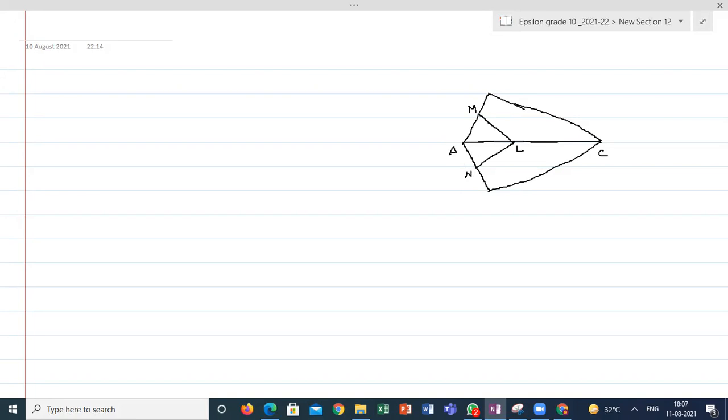Are you clear with the diagram? Triangle ABC, triangle ADC, MLN. Is it clear? The question is, in the adjoining figure, LM is parallel to CB and LN is parallel to CD.